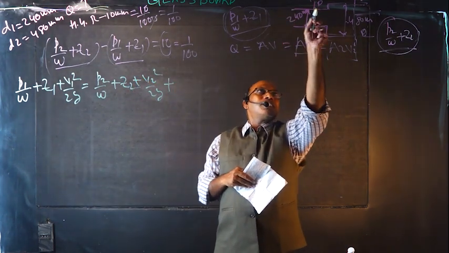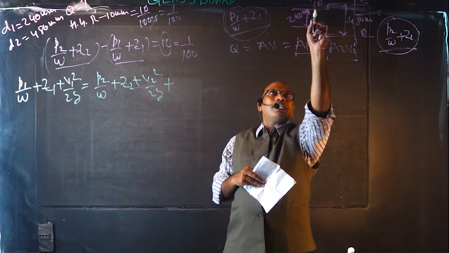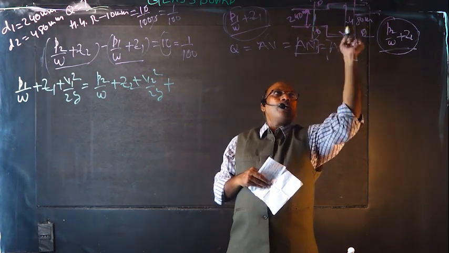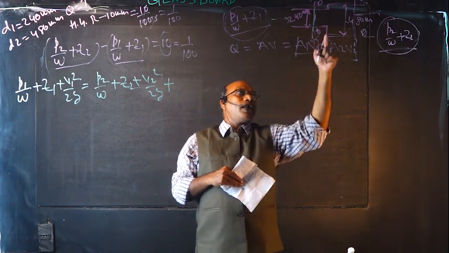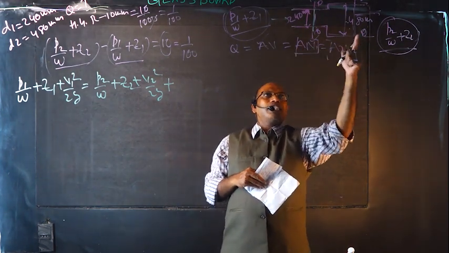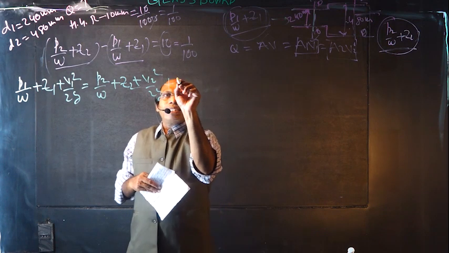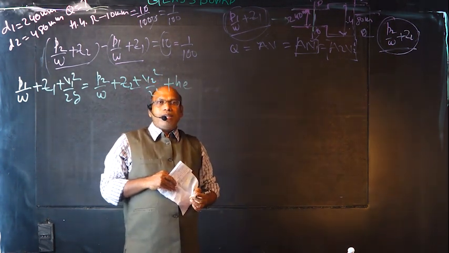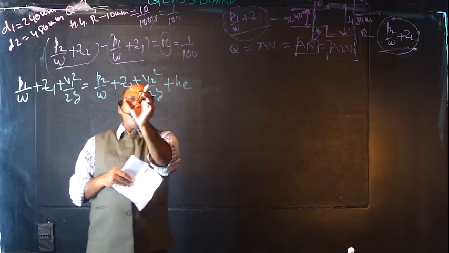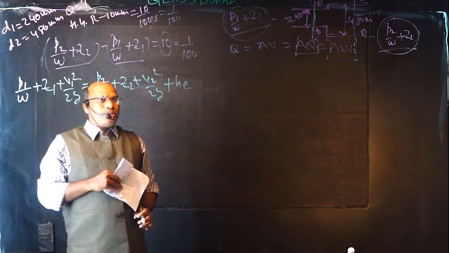The diameter is changing from 240 mm to 480 mm. This is the flow direction, so the head loss because of sudden expansion is added here. This is the relation based on Bernoulli's equation.